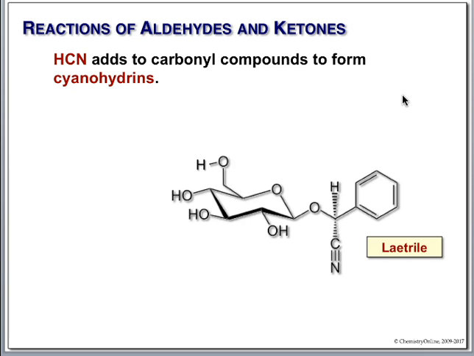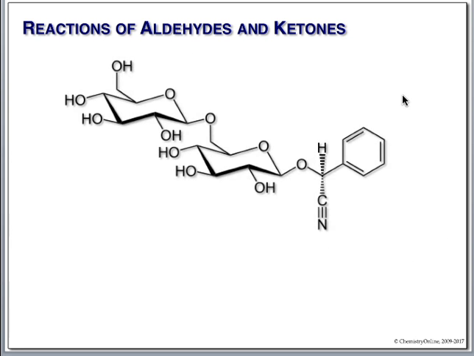The logic that Krebs suggested was that Laetrile, if it was taken up by a cell, a tumor cell, could be cleaved. We're going to cleave the glycosidic bond, and when we do that, we would release cyanide, and the cell would die. So let's go back to peach pits.